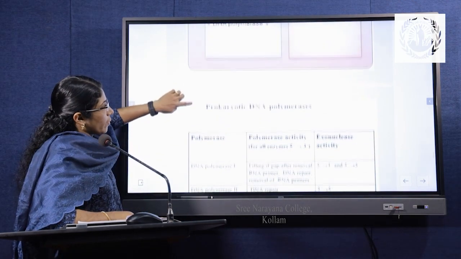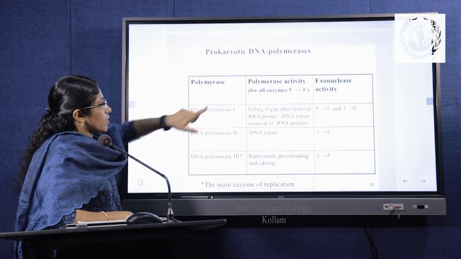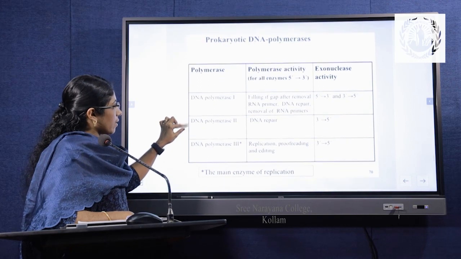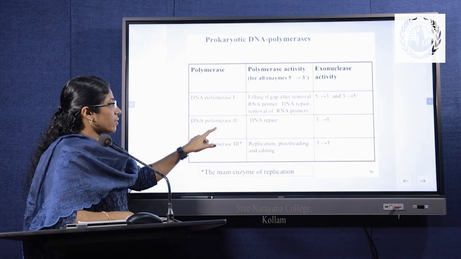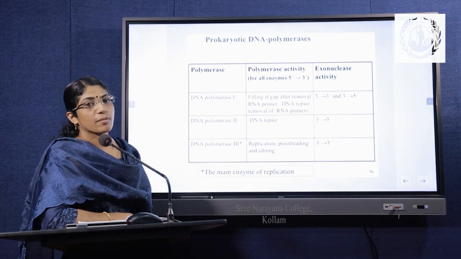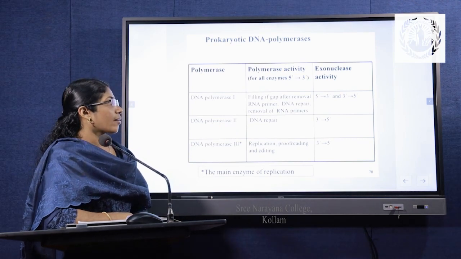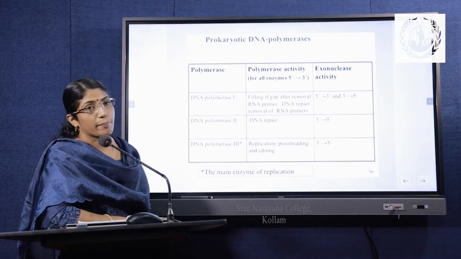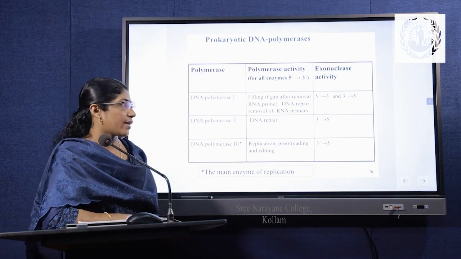These are the prokaryotic DNA polymerases with their functions. The prokaryotic DNA polymerases are mainly 3 types: polymerase 1, 2, and 3. Polymerase 1's function is removal of primers and DNA repair. It has exonuclease activity in the 5' to 3' direction and the 3' to 5' direction.